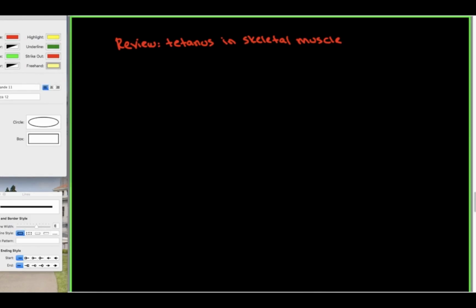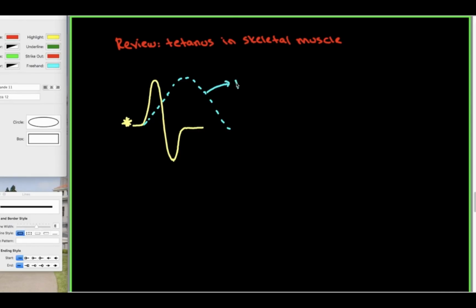So in skeletal muscle, we had this action potential from back in the day that looked just like this. That was kind of the first action potential we saw. And we saw that this action potential in skeletal muscle would lead to force generation. So I'm drawing that out here. The force goes up and then no more stimulation, so the force goes down.